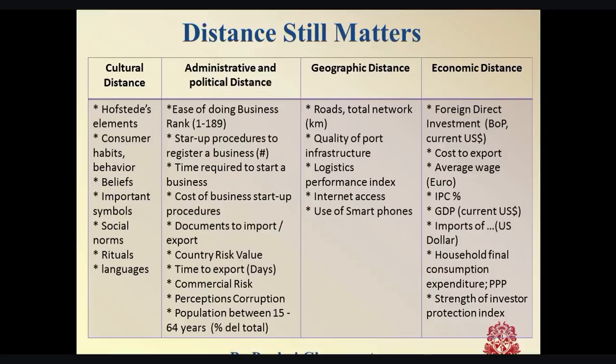Finally, in the economic distance, you can include elements like the GDP. I suggest that you better use the per capita, because it gives a clearer idea of how much people earn and what the income of people in the country is, and it is not a general aspect of the country.